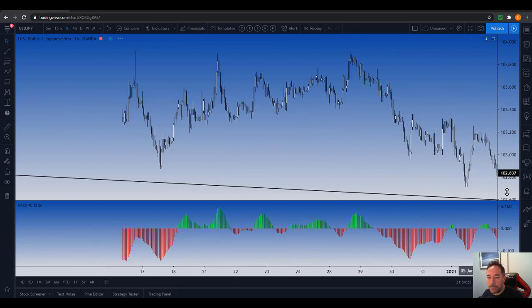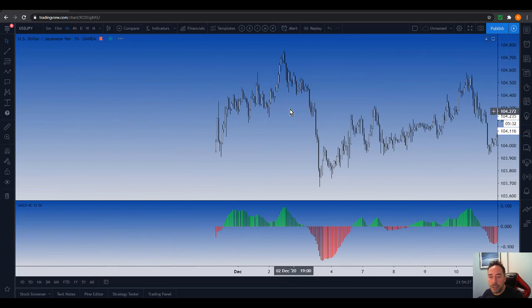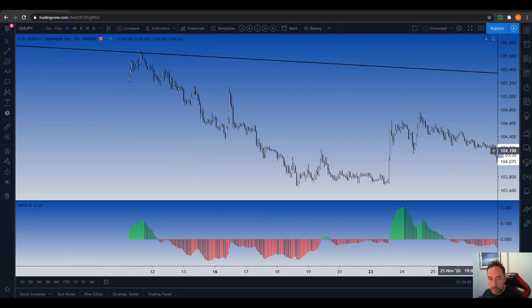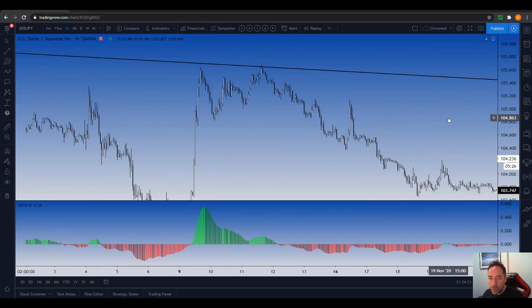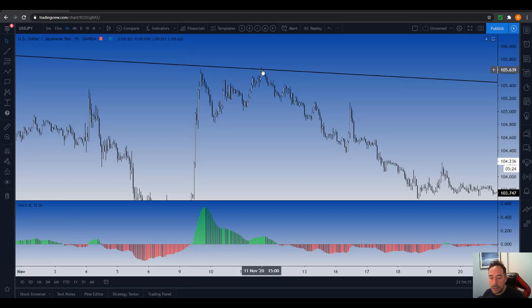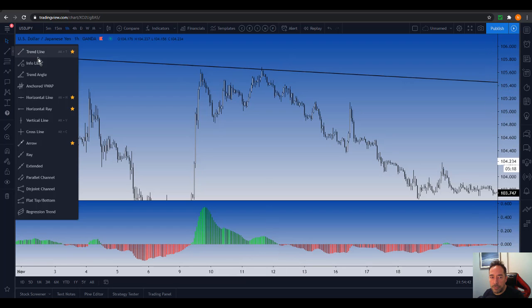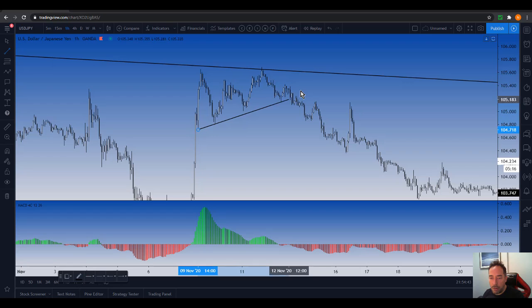Now, we did see that previously, I believe, here when we came to the top of the channel. We saw a high and a higher high, and a high and a lower high here, and that led to price selling off when it broke that trend line. Had a little break there, retest, and then started to sell off.